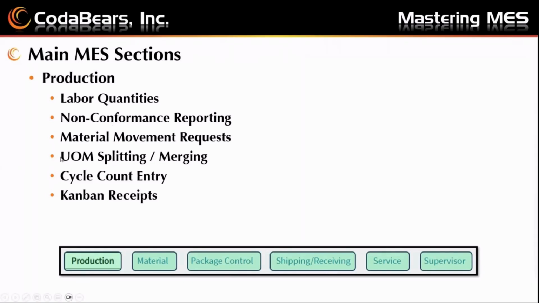If your operator is the one that moves the parts to the next work center, they can uncheck that box. There is unit of measure splitting and merging and managing different sizes of inventory. I can do cycle count entry and I can do Kanban receipts. So these are the key areas for a production person that's going to be using the MES system.